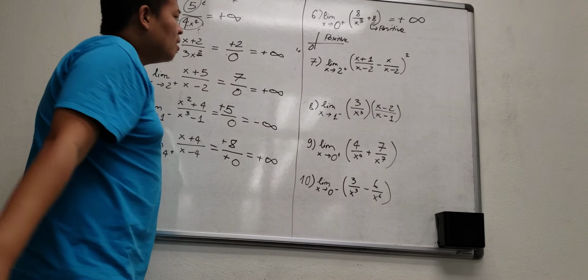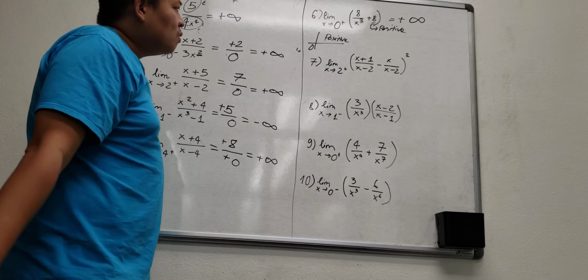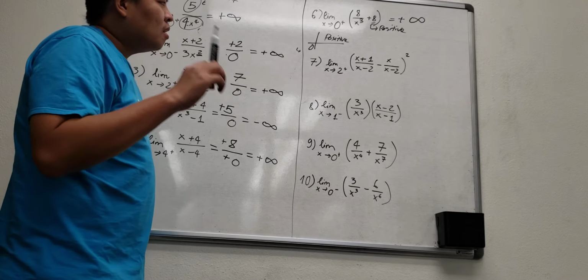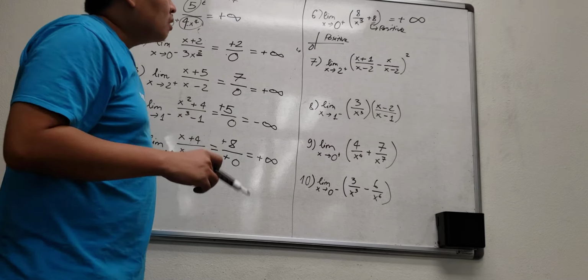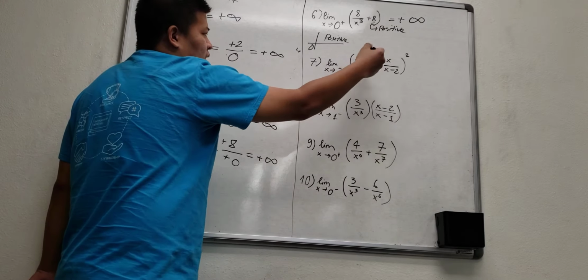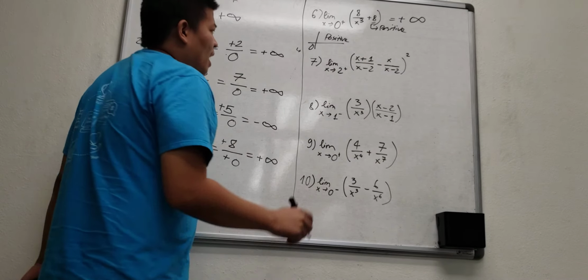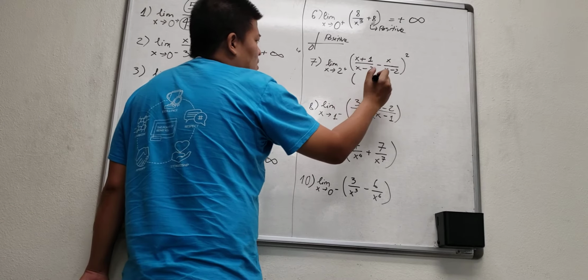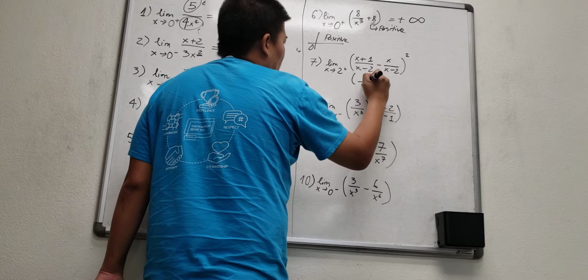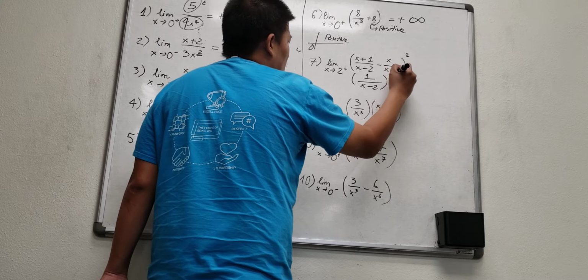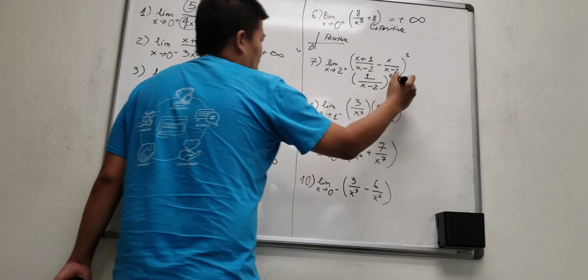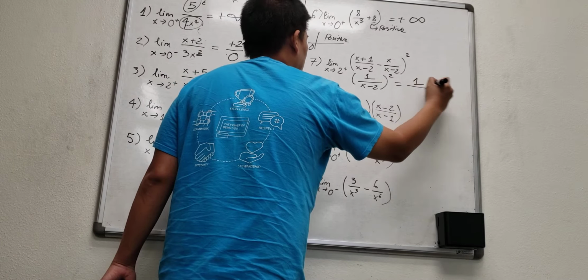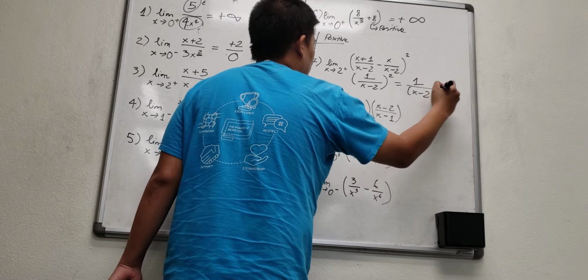Number 7, find the limit with s going to 2 from the right to the left. So now we just calculate the fraction inside the s power 2. S plus 1 minus s, you create 1 over s minus 2 power 2. So we can put 1 over s minus 2 power 2.